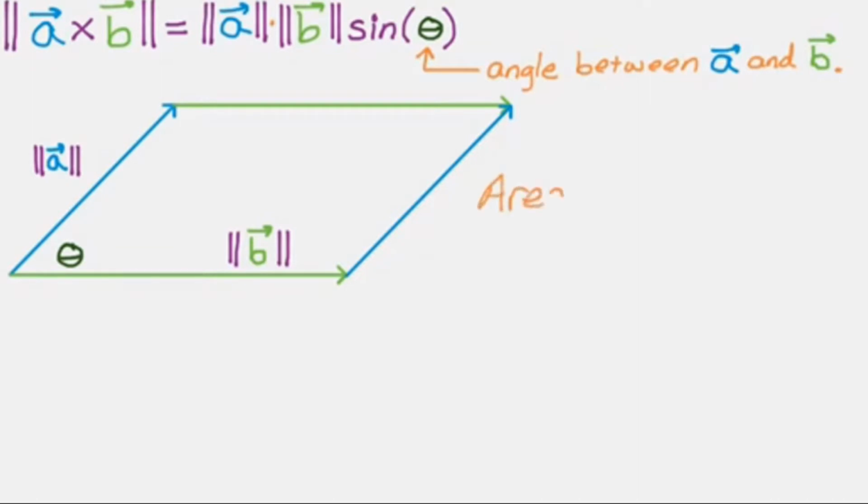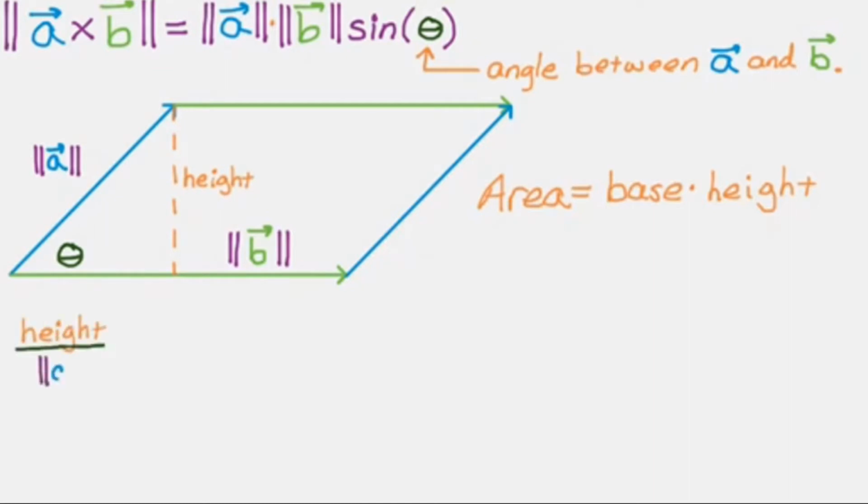Now, the area of a parallelogram is base times the height, where height is the perpendicular which is dropped down from the top to the base. If we take the sine of this angle, that's sine theta, which is height over modulus of A, and we make height the subject, it means our height will be modulus of A sine theta.